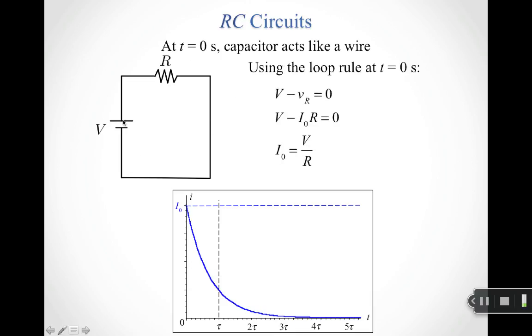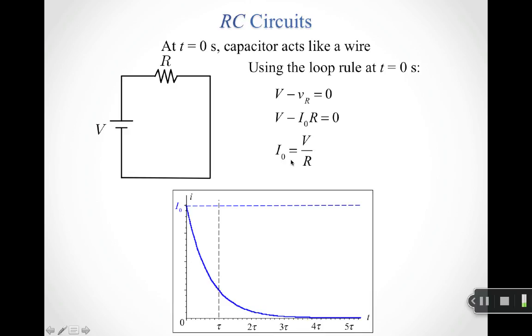Well, of course, using my loop rule then, at t equals 0 seconds, this tells me that whatever I gain across the battery has to be dropped across the resistor, which means that the initial current flowing through the circuit has got to be equal to the value of the battery divided by the value of the resistor.